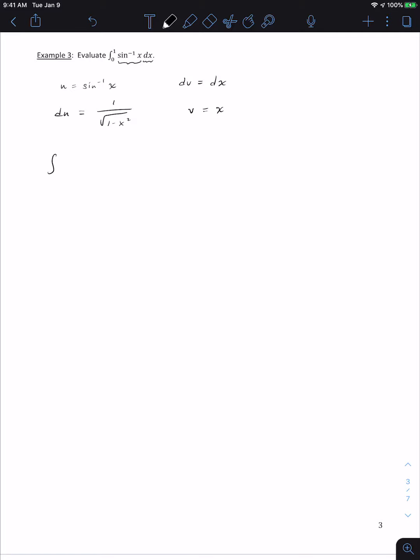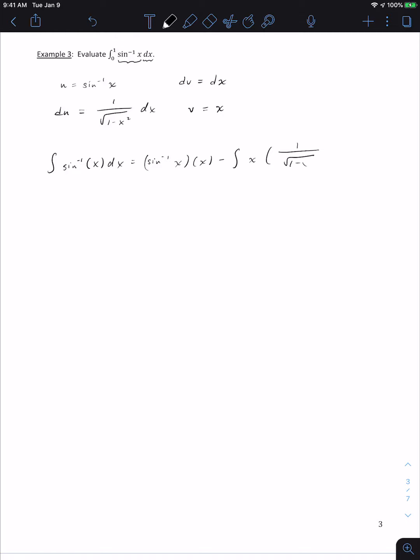So my formula here: the integral of sine inverse of x dx is equal to u times v, so sine inverse of x times x, minus the integral of v du, so x times, and remember I should have written a dx there, x times 1 over the square root of 1 minus x squared dx.